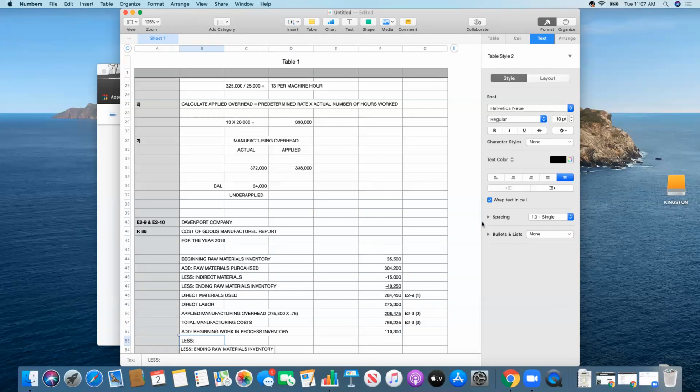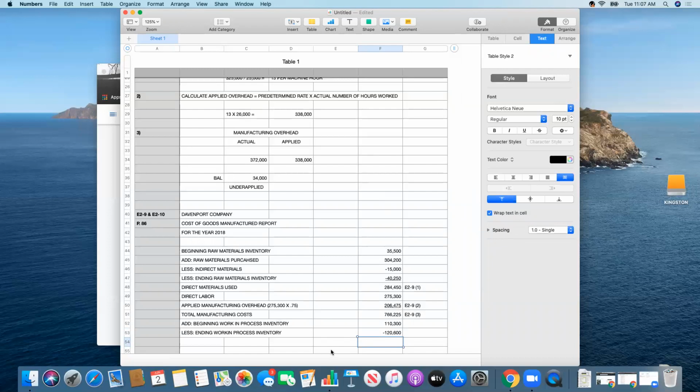And then we want to subtract ending work in process inventory. Ending work in process inventory was 120,600.